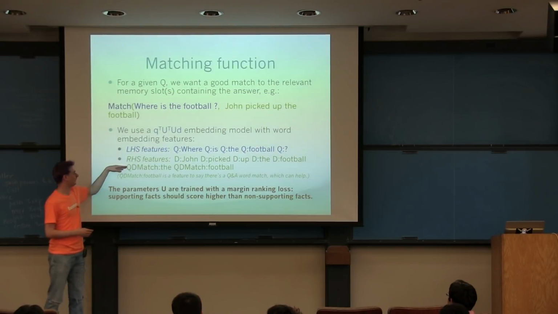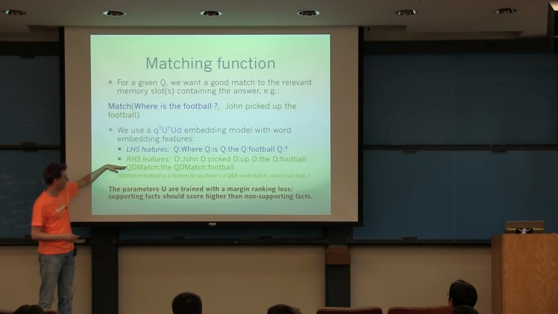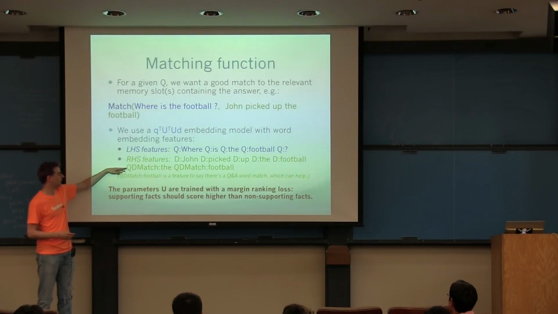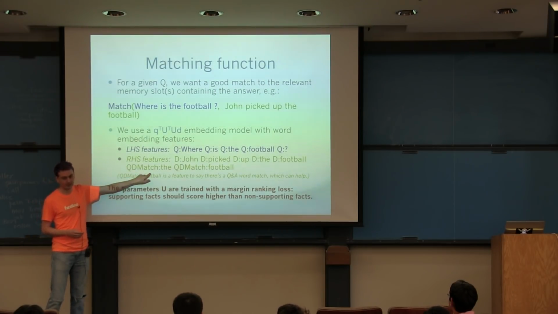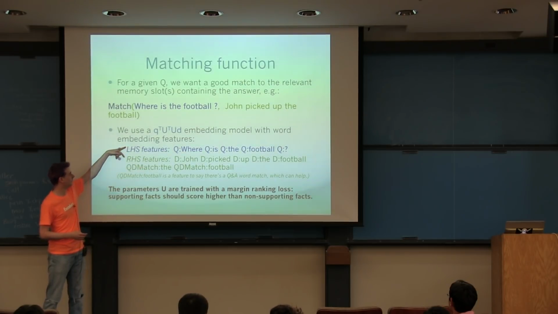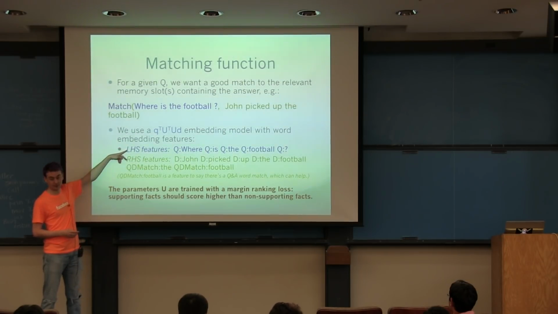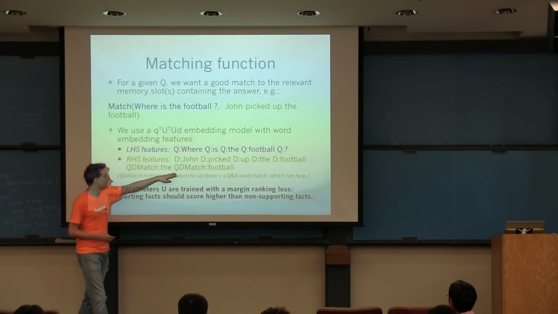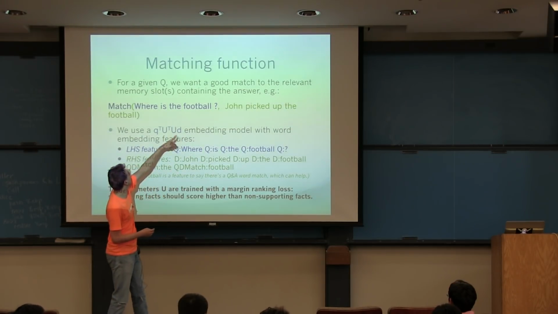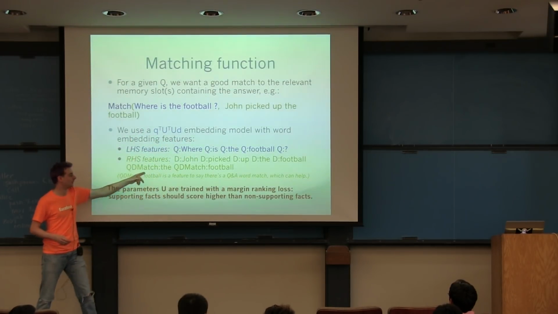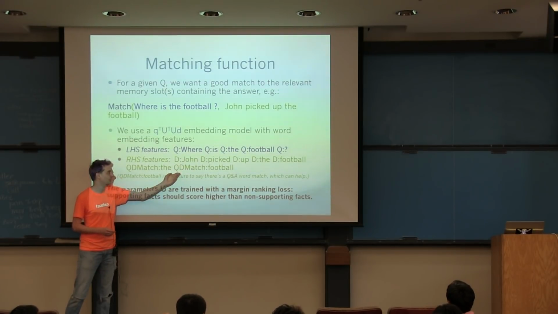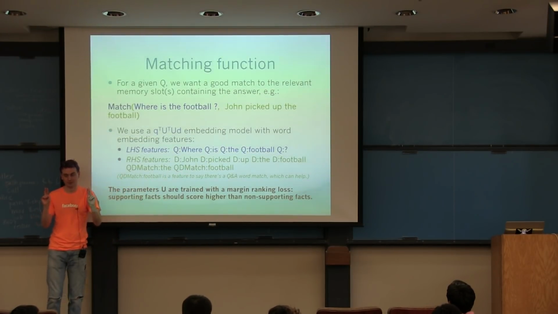Yeah, sorry, there is actually an extra complication here that I didn't describe. We also added this possible feature QD match that says when there's an exact word match between the two arguments, the left-hand side and the right-hand side. In this case, football appears in both the left and right-hand side, right? So you can add this extra special word QD match football as well.